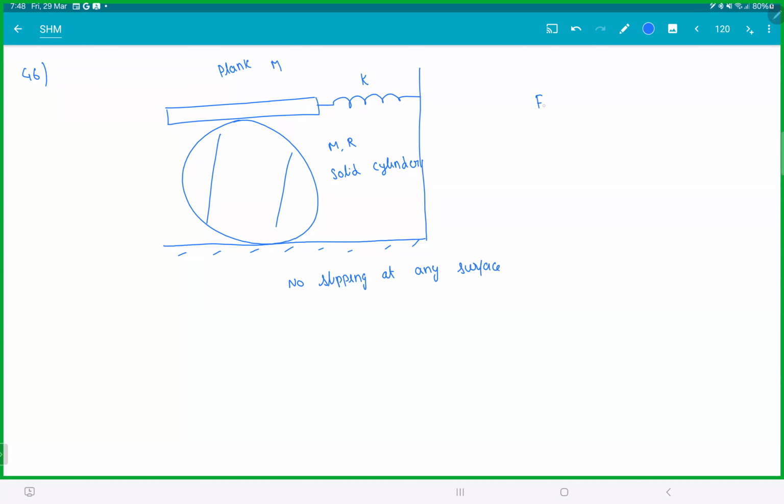Find time period for small oscillations. Try. Everyone focus. Don't sleep. Both the masses are same.